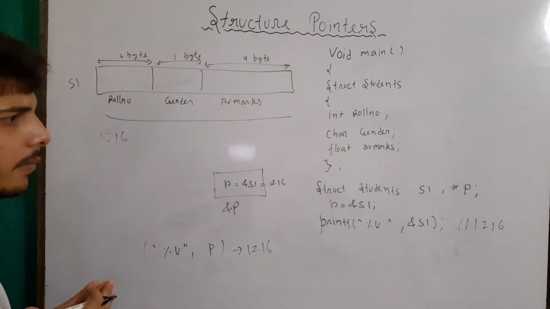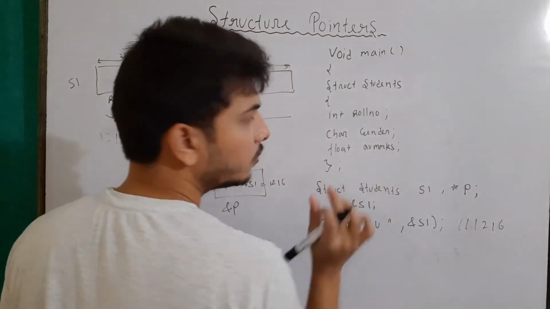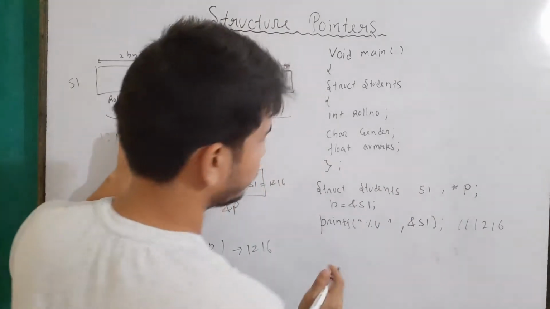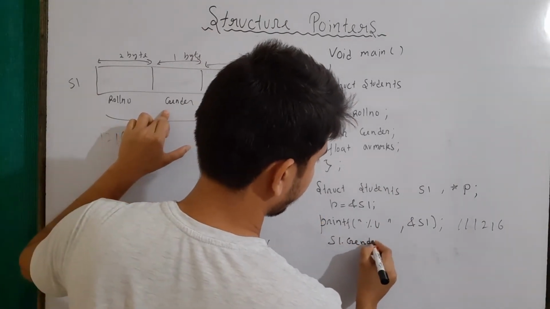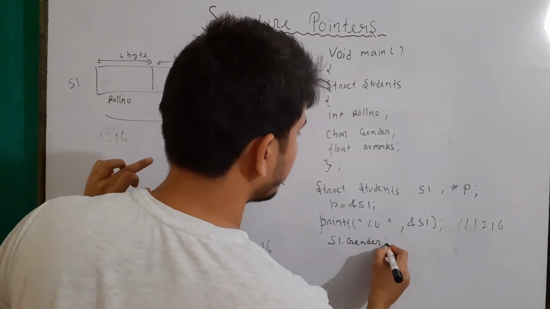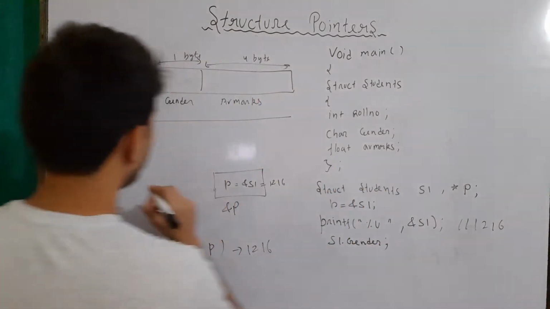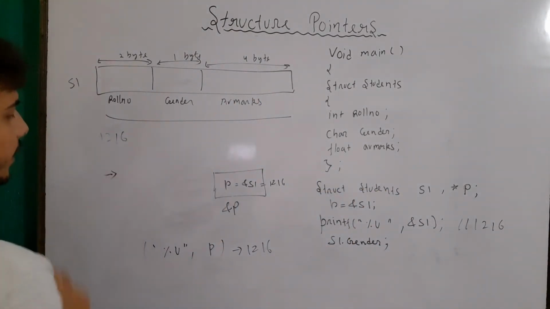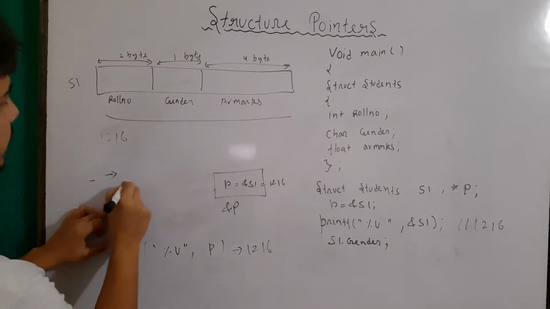One thing to remember here is that when we use a normal variable like S1, we use the dot to access an element. For example, to access gender, I will write S1.gender. But if I want to access the elements using the pointer variable, then we use the arrow operator. Here will be the name of our pointer variable and here is the element.